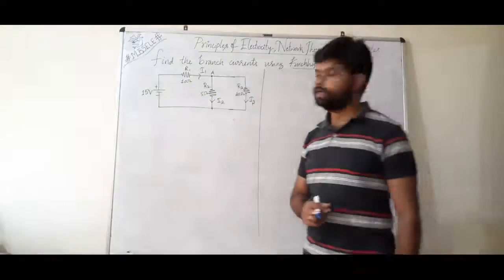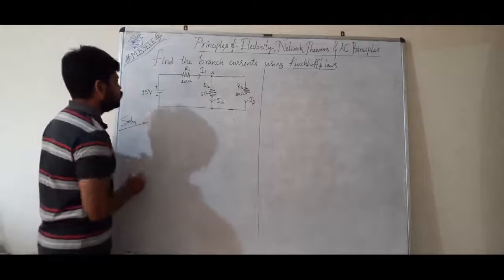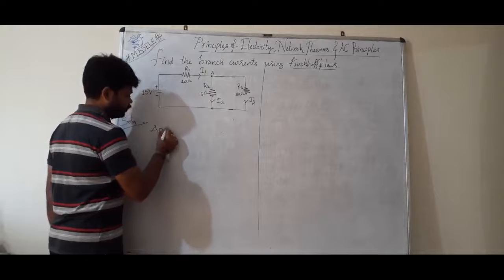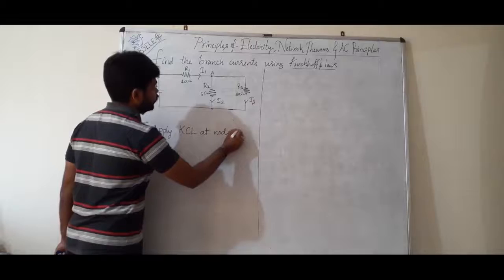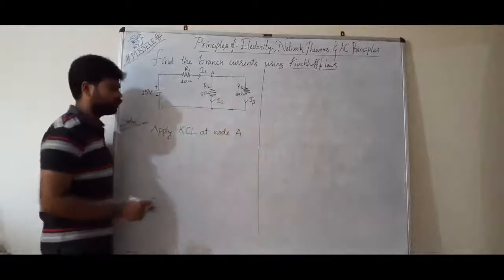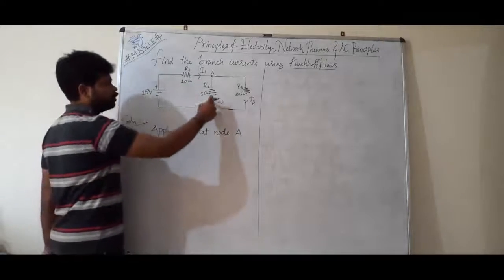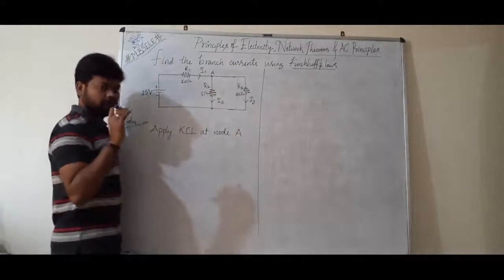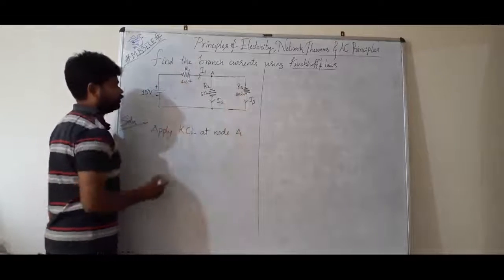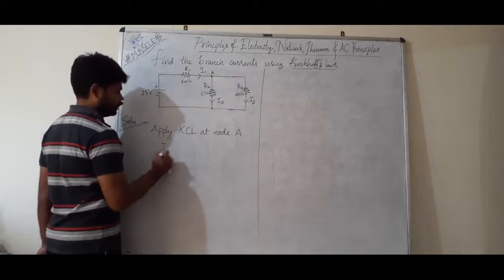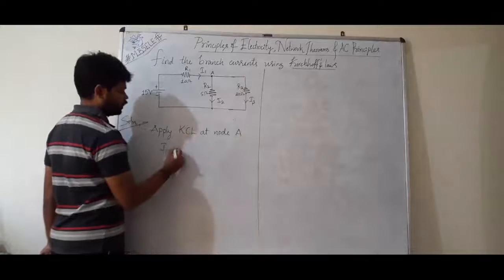You should remember that. Let us start the solution. Apply KCL at node A. Just look at the currents which are incoming and outgoing to node A. I1 is incoming towards this node, but I2 and I3 are outgoing.